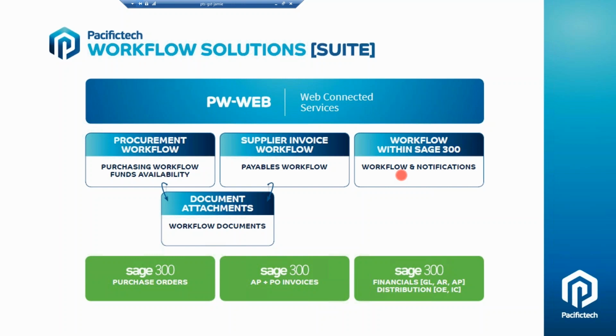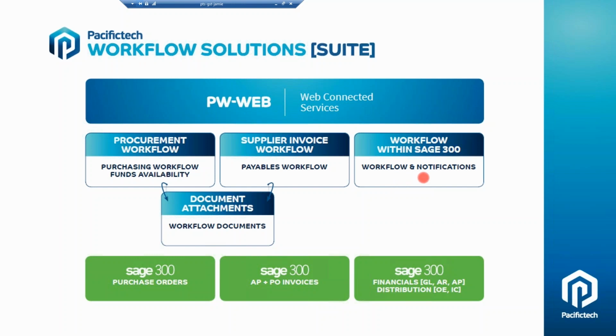All of those master files, you can have an approval process on them. And also some of your key transactions, so AP payments, GL journal entries, AR credit notes, and IC adjustments are some of the key ones. Those are the transactions where users can perpetrate a fraud within an ERP system, so we have workflows on those.